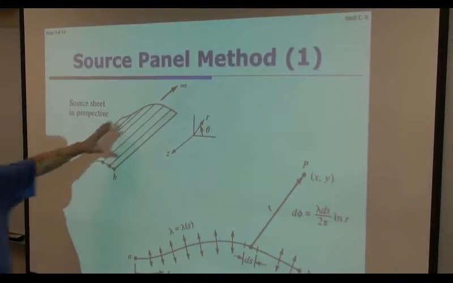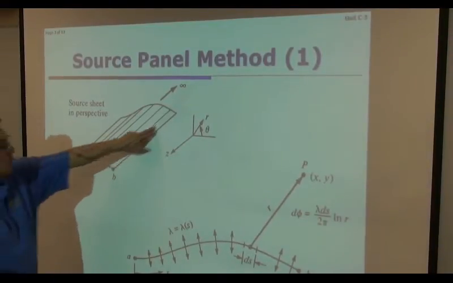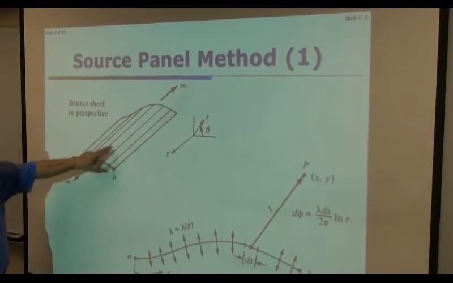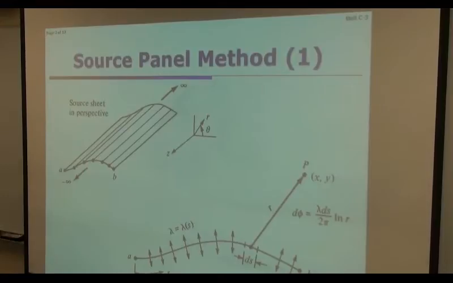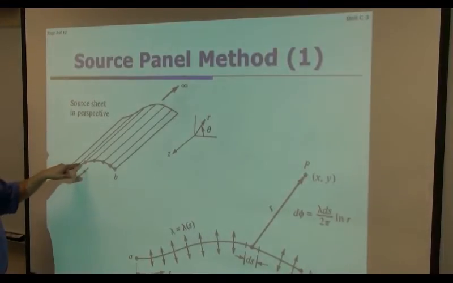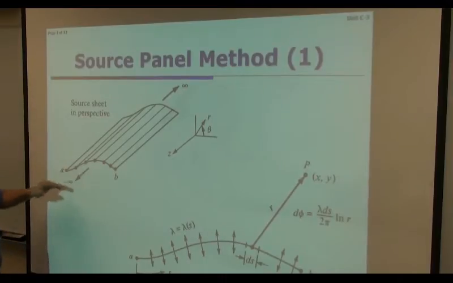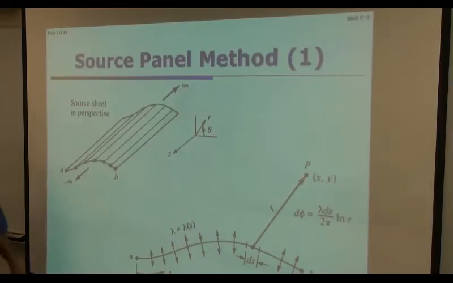Each one of them is probably a flat plate. Flat plate, flat plate. So this is one panel, second panel, third, fourth, fifth, a series of panels to represent a curved surface. Okay, so this is called a source sheet and source panel.